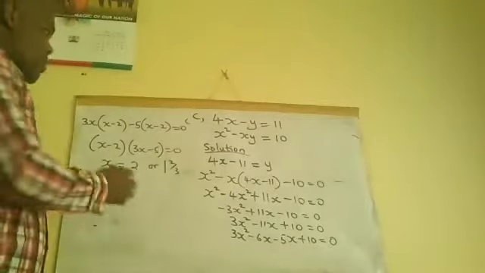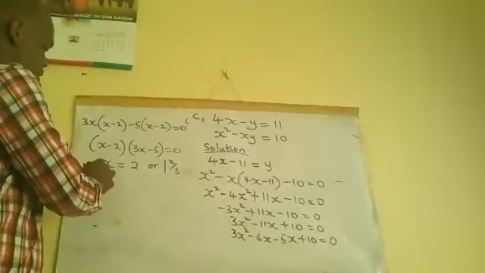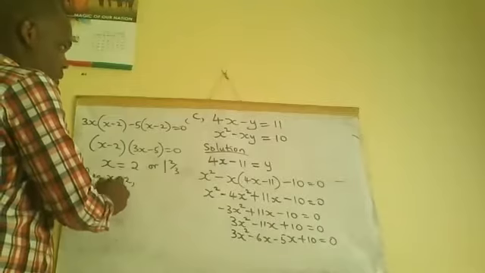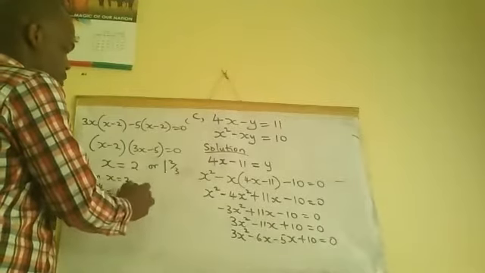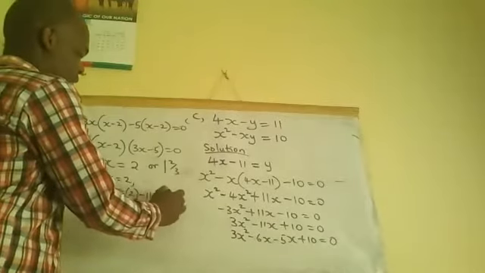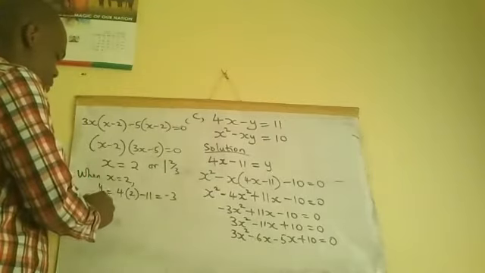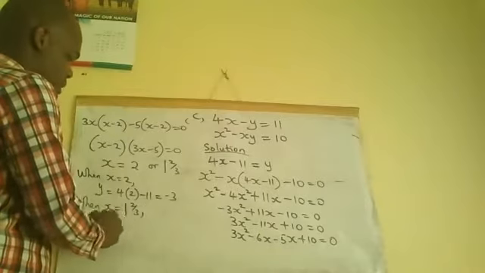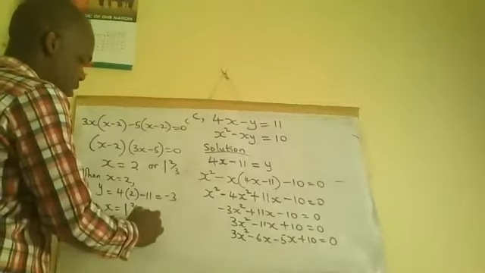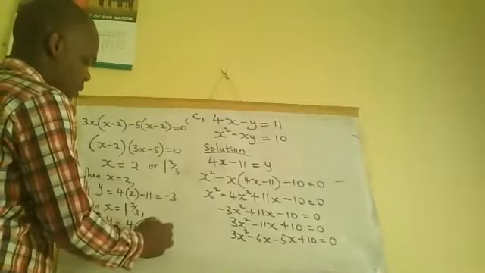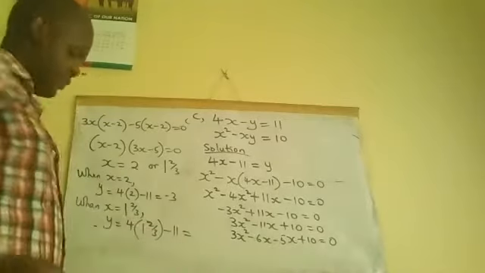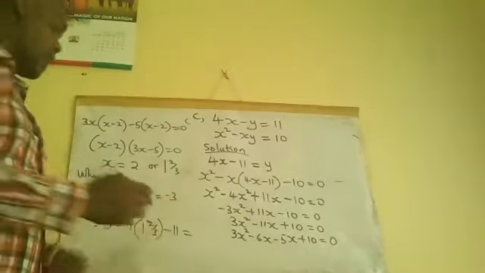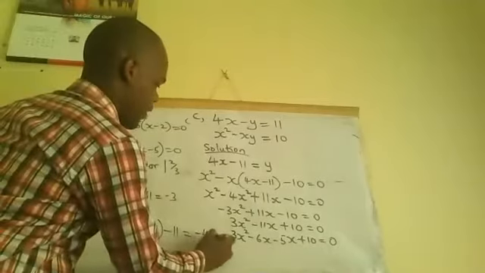So you ask yourself, when x is 2, what is y? y is 4 into 2 minus 11, which is negative 3. And then when x is 1 and 2 over 3, y will be 4 into 1 and 2 over 3 minus 11. A calculator will do that for you very well, and you'll get negative 4 1/3.